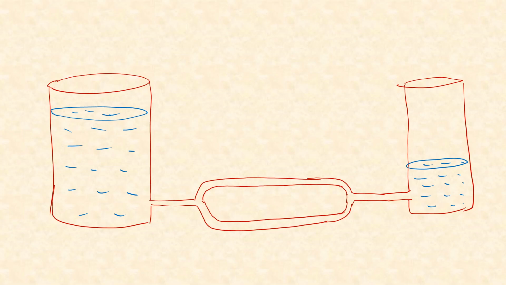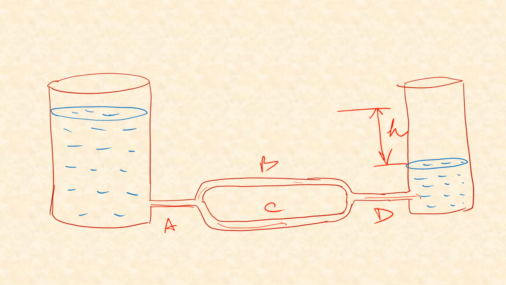Similarly, if we have this kind of an arrangement where one pipe came out but it branched into two pipes and then again merged into one single pipe, in that case, suppose let's call this A, B, C and D, then the total head loss we can simply find out by measuring the water level difference in these two tanks.